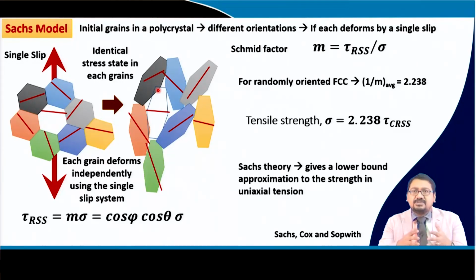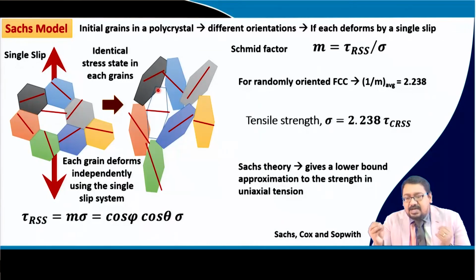That assumption is true, because tau RSS for each 111, 110 slip system should be the same, as they belong to the same family. So, the tensile strength, sigma, can be calculated from m and tau if it is known.